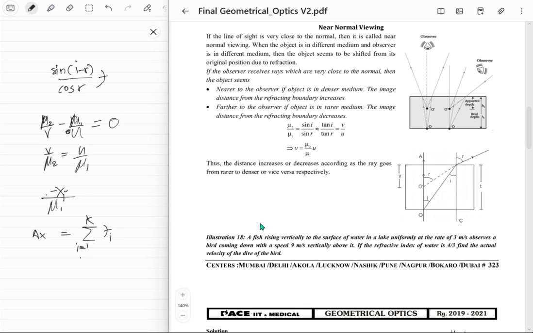So i equal to 1, 2, and so on, and you get 1 minus 1 upon mu i, where mu i is the refractive index of the slab it's going through upon the original index it was in, right? That's understandable. It's really understandable, I think.